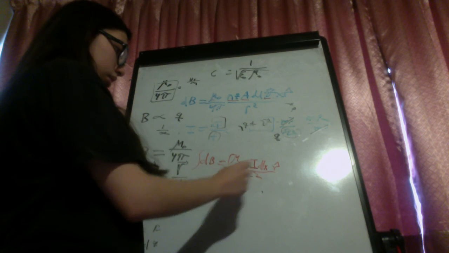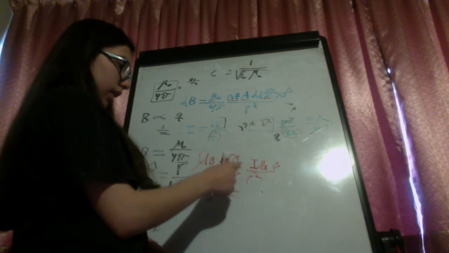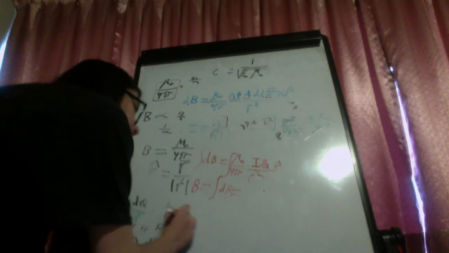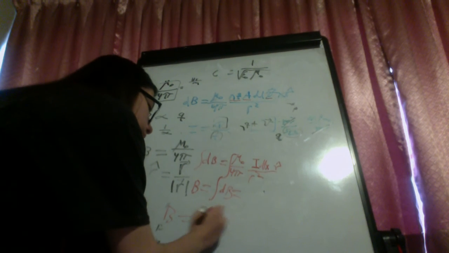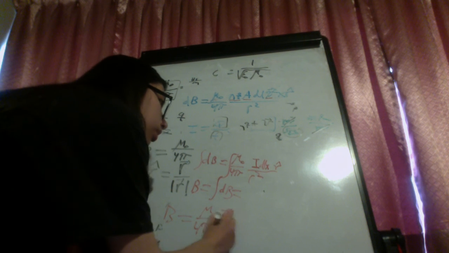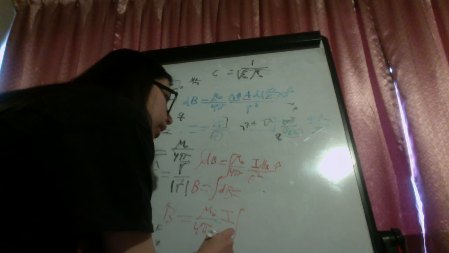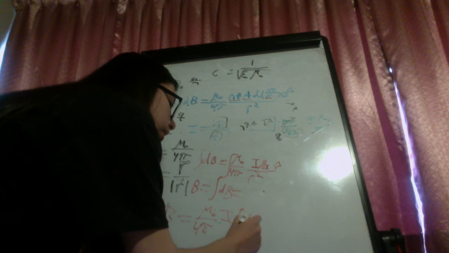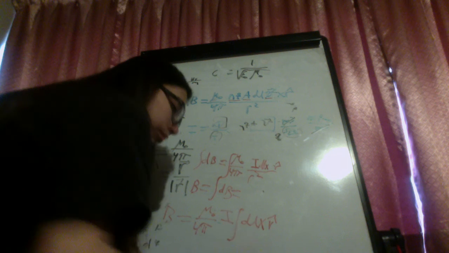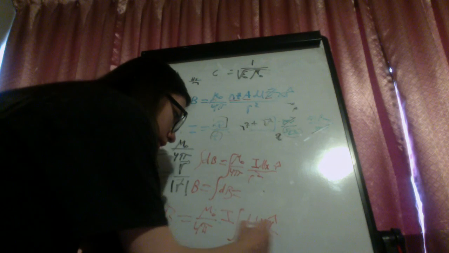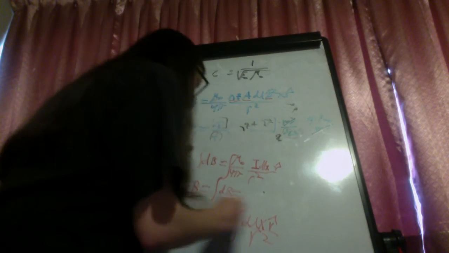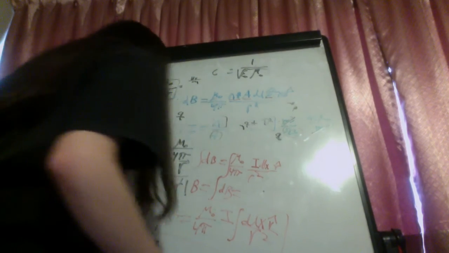And so here you can now take everything except the dl out, and so you have that the magnetic field is mu sub naught divided by 4π times the current times the integral of dl cross product the unit vector, divided by the square of the vector. And this is the Biot-Savart equation.